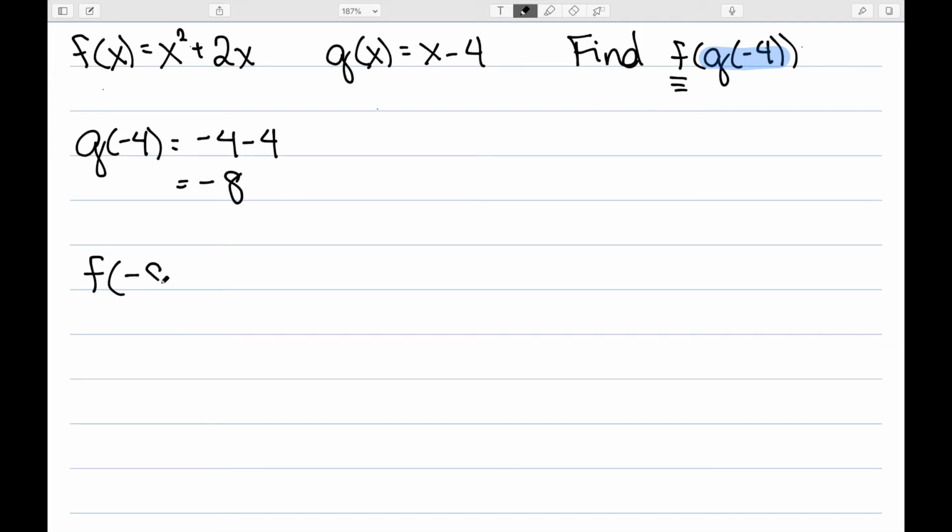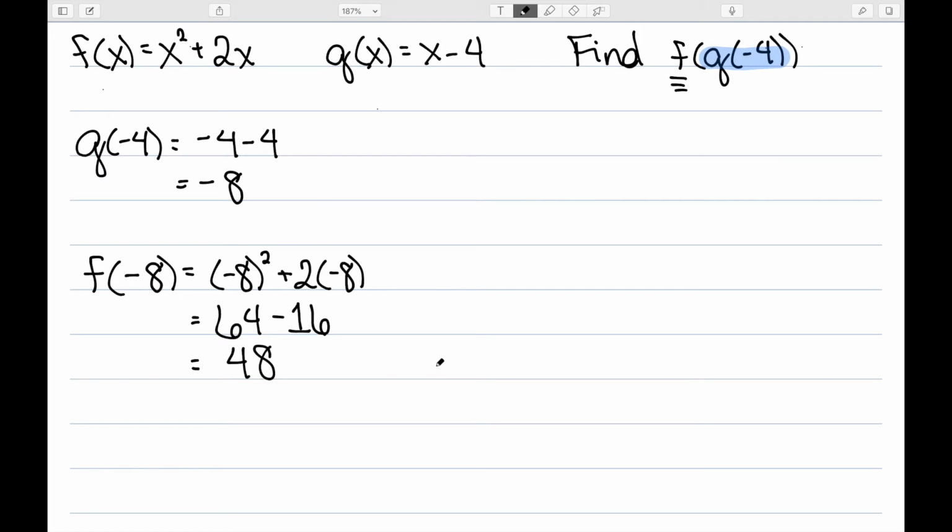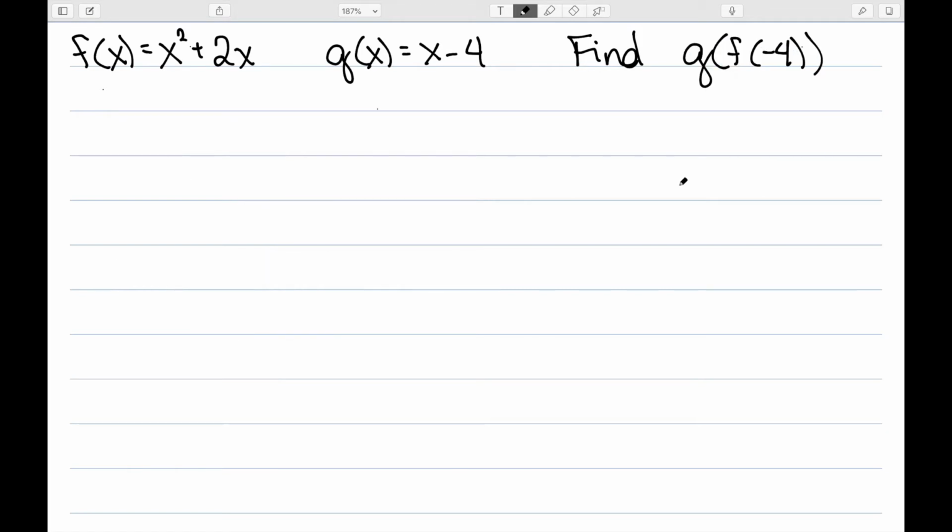So now I'm going to find f of negative 8. This would be negative 8 squared plus 2 times negative 8. That's 64 minus 16. And that gives me 48.